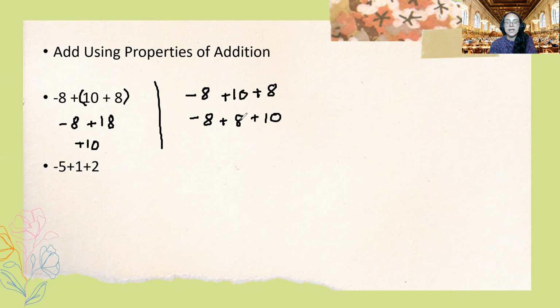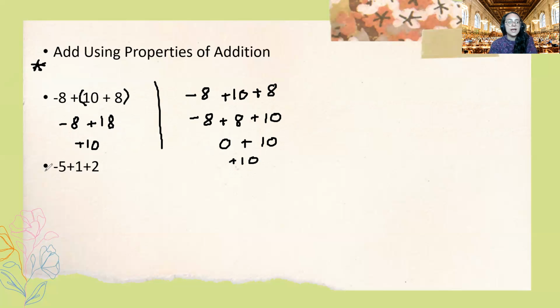Negative 8 plus 8 will give me 0 because these numbers are opposites. So I have 0, I bring down my positive 10, and what is 0 plus 10? That's just going to be 10. That's also one of our properties, okay? And we get the same answer. So there are different ways that you can approach these problems using the properties that we just learned.